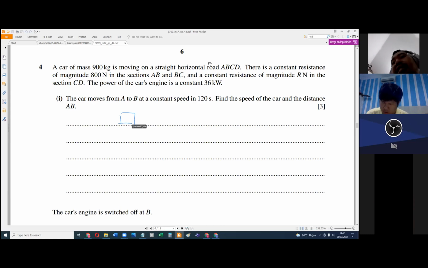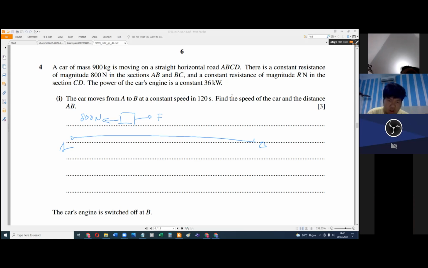We know here there is a constant resistance. This is from A to B. There is a resistance, and the resistance we know it is 800 Newton. Now the car is going to push it forward with the magnitude of F. In this case, they say they have a constant speed.